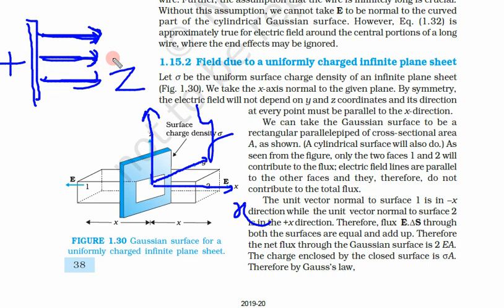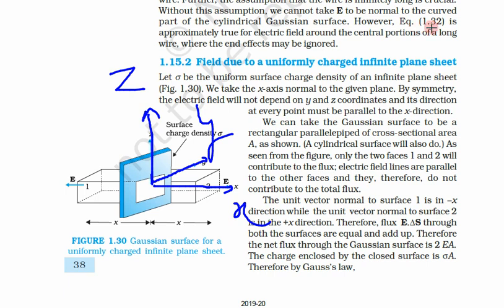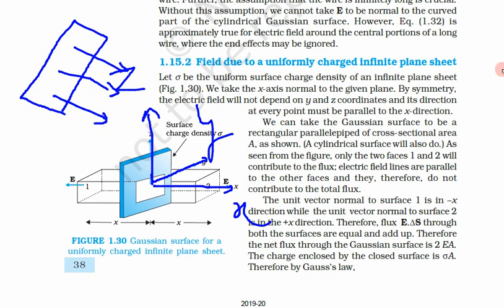First understand this, otherwise it will be quite difficult for you to understand. If we take any sheet, its electric field would not be in all directions. Its electric field would be only normal to this, that's all. And similarly on this side as well.